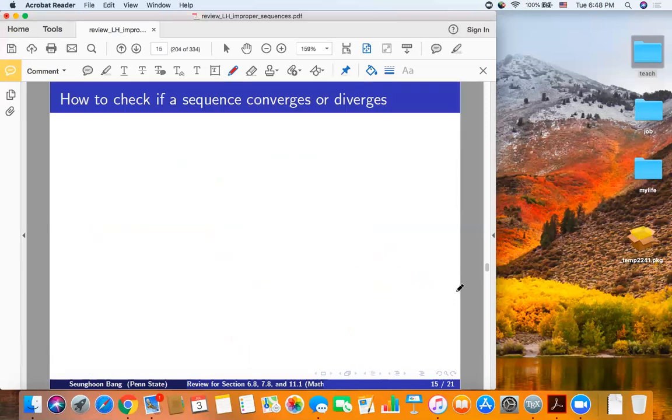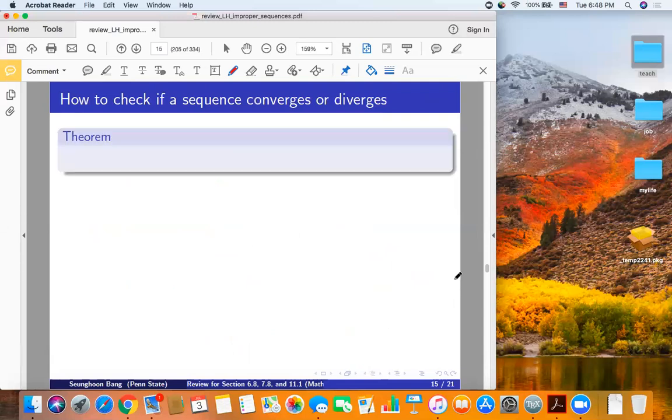How to check if a sequence converges or diverges. This is section 11.1. Theorem: if the limit of f of x equals L as x approaches infinity, and f of n equals a sub n, where n is an integer, then the limit of a sub n as n approaches infinity is L. Does it make sense?